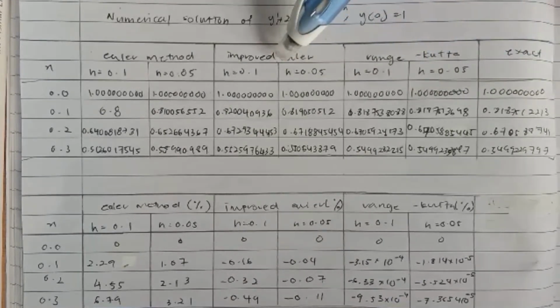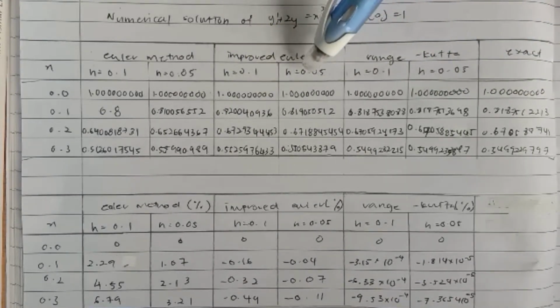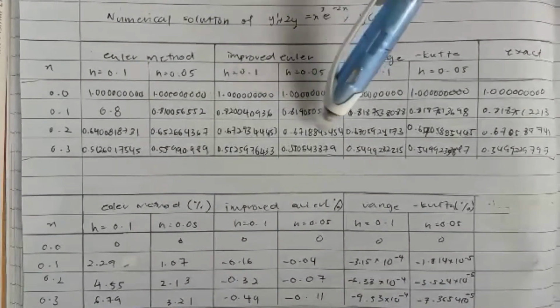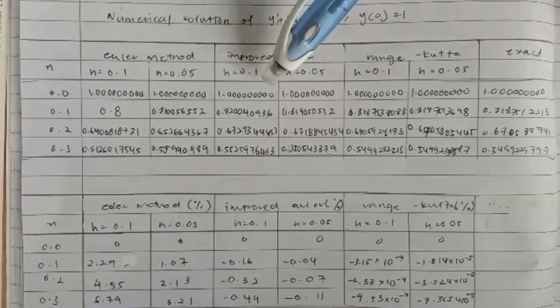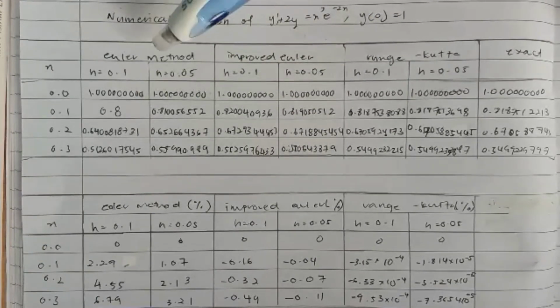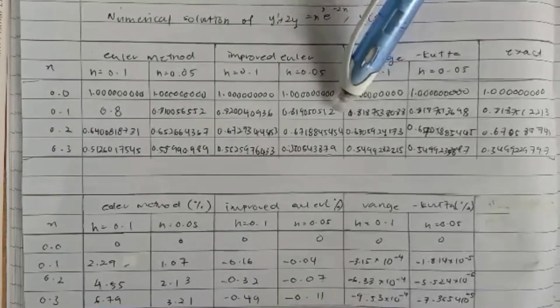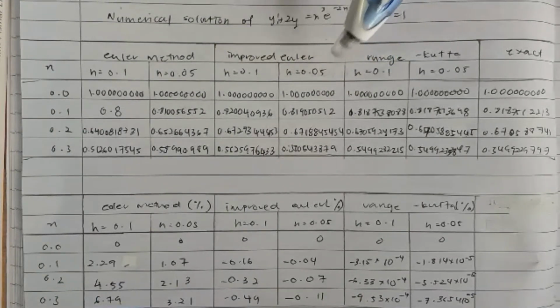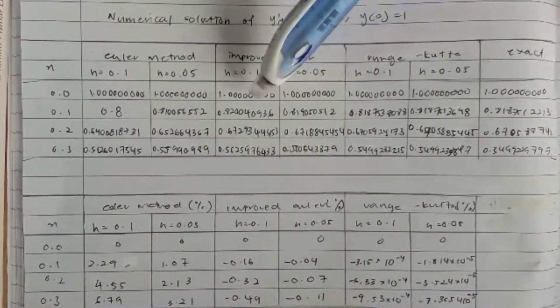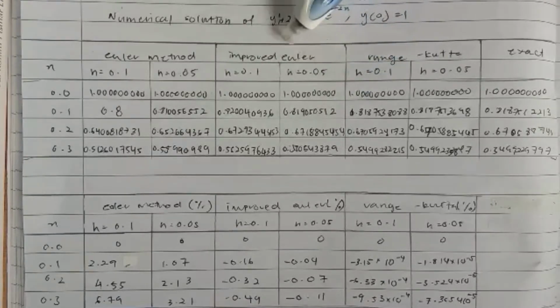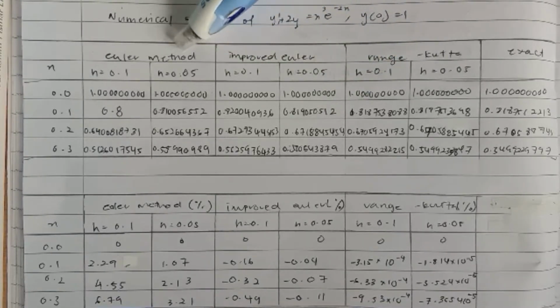With h equal to 0.05, it's more accurate than when h is equal to 0.1. The same thing that happened to the Euler method is happening also in the improved Euler method. If we use the smaller value of h, the value that we get for y will be more accurate. But the improved Euler method is more accurate than the Euler method itself.